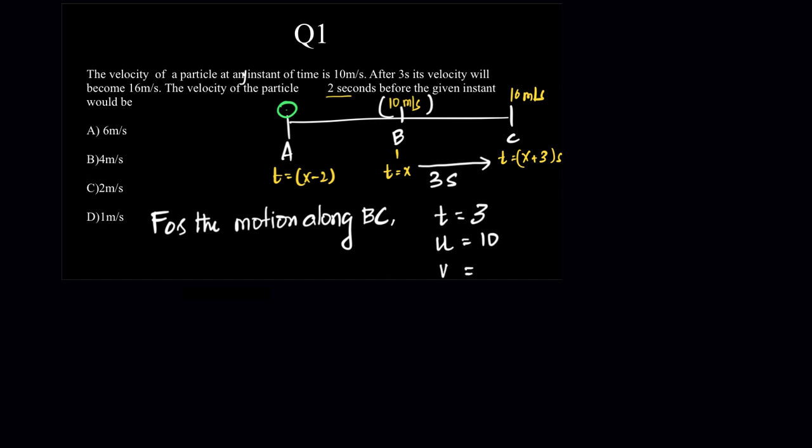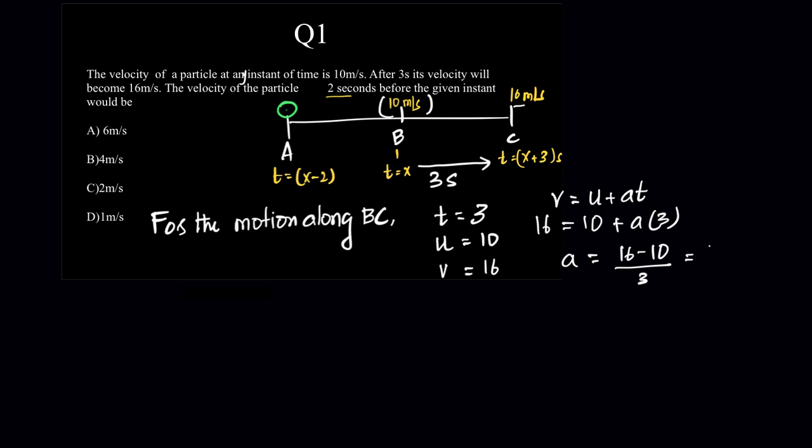What is the value of v? v is given as 16 meter per second. In which case, v is equal to u plus at. So 16 is equal to 10 plus a into 3, which means a is equal to 16 minus 10 by 3, which is basically 6 by 3, and therefore a is 2 meter per second square.